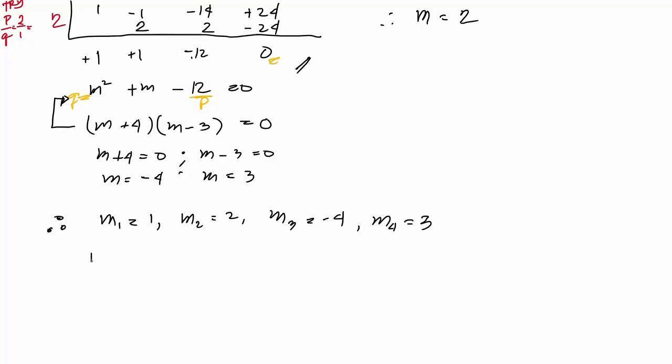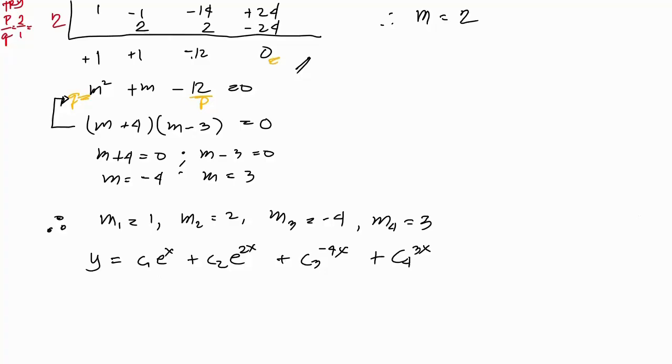Okay. So our general solution, since we have four distinct real roots, is c1 e raised to 1x plus c2 e raised to 2x plus c3 e raised to negative 4x plus c4 e raised to 3x.